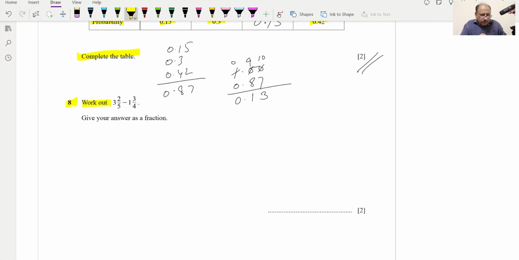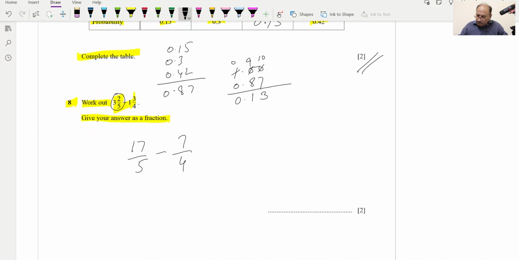Question number 8, work out this fraction, give your answer as a fraction. So we will change the mixed fraction into an improper fraction. 5 3s are 15, 15 plus 2 will be 17, so 17 over 5, and minus this, 4 1s are 4 plus 3, so it will be 7 over 5. Now we have to equalize the denominators, or we can take the LCM method.